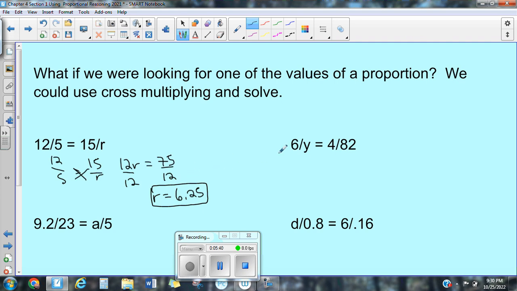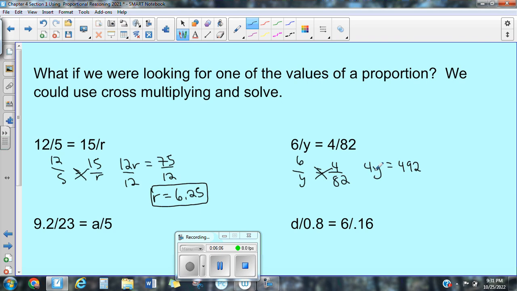Okay, on the next one, we're going to solve for y. 6 divided by y equals 4 over 82. And when we cross multiply, 4 times y is 4y, and 6 times 82 is 492.